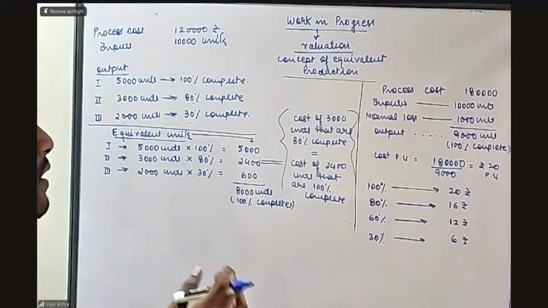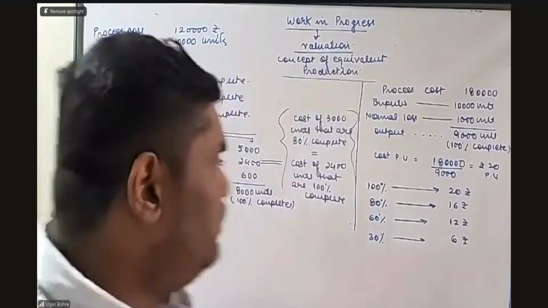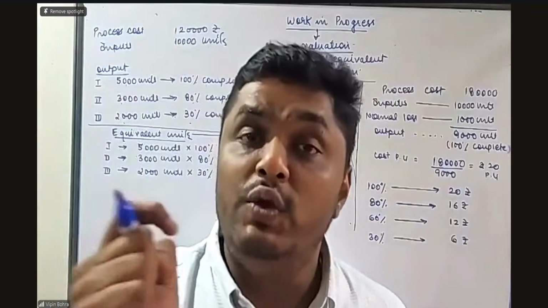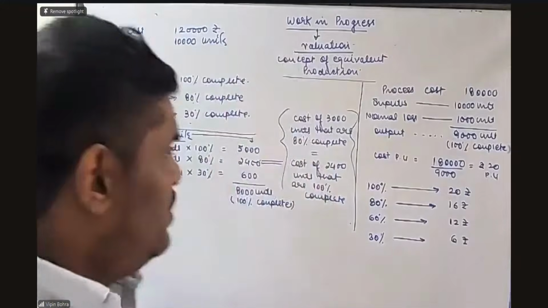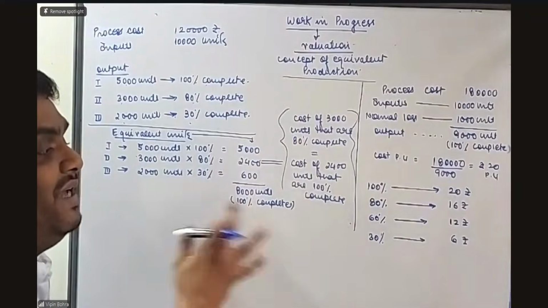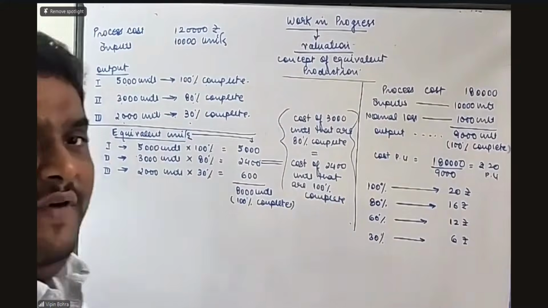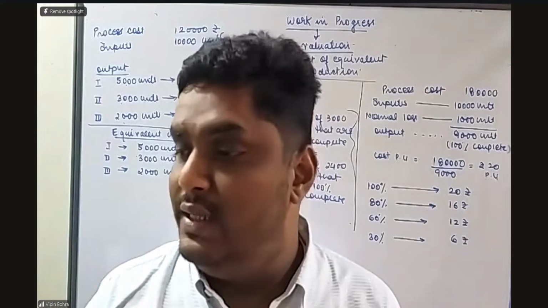I'll prove it also. Similarly, in the third case also, the cost of 2,000 units that are 30% complete will be equal to the cost of 600 units that are 100% complete. So in short, we have got the units that are 100% complete, that is 8,000 units. Once we have got the units that are 100% complete, we can easily calculate the cost per unit.